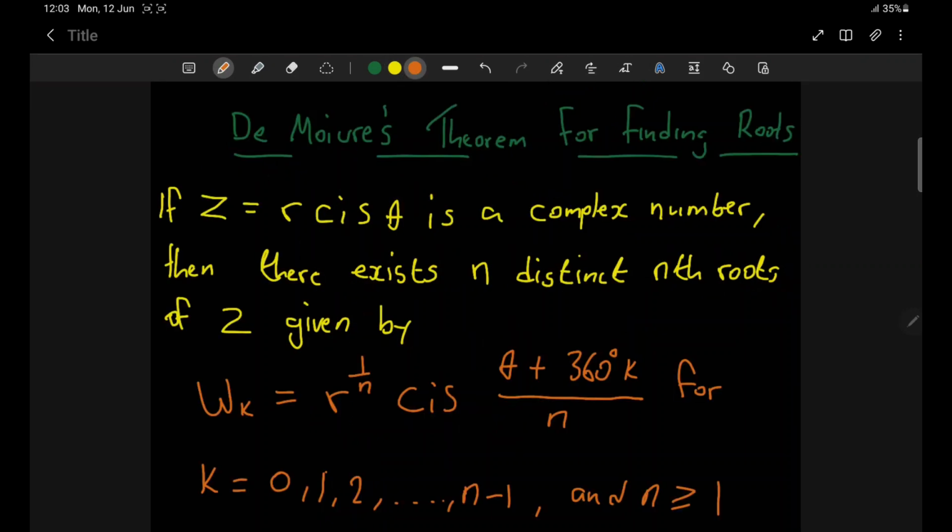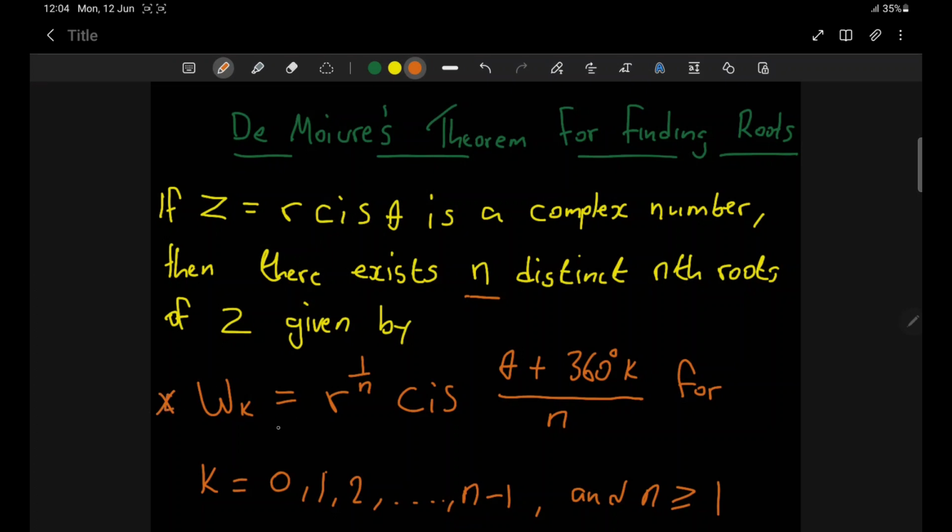So we'll take it further now using De Moivre's theorem for finding roots. If z is equal to r cis theta and it's a complex number, then there exist n distinct nth roots of z given by this.